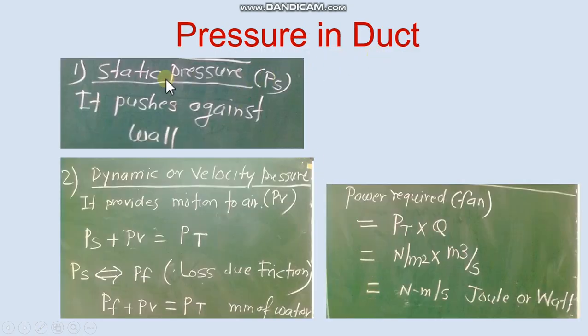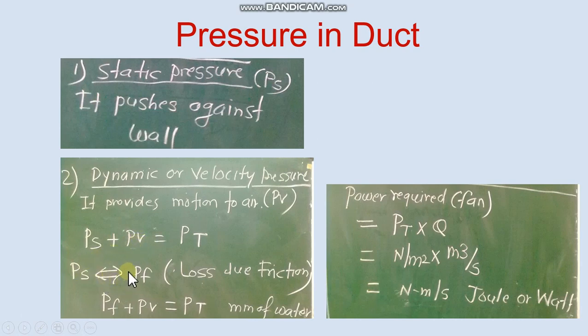Pressure in a duct. There are two types of pressures: static pressure PS, which pushes the air against the wall, and the second one is dynamic or velocity pressure, which provides motion to the air. So the total pressure in a duct is equal to static pressure plus dynamic pressure.